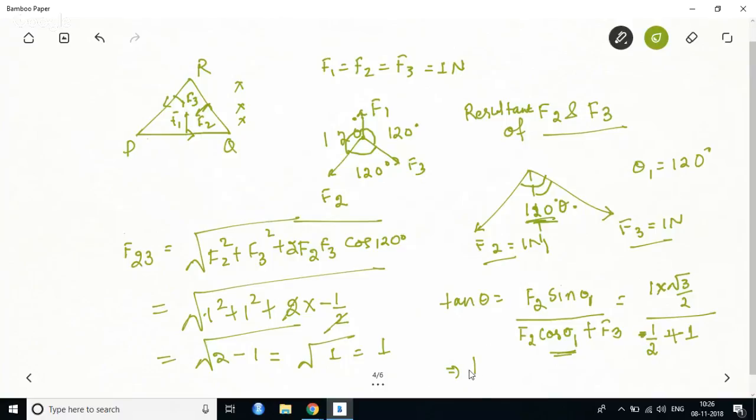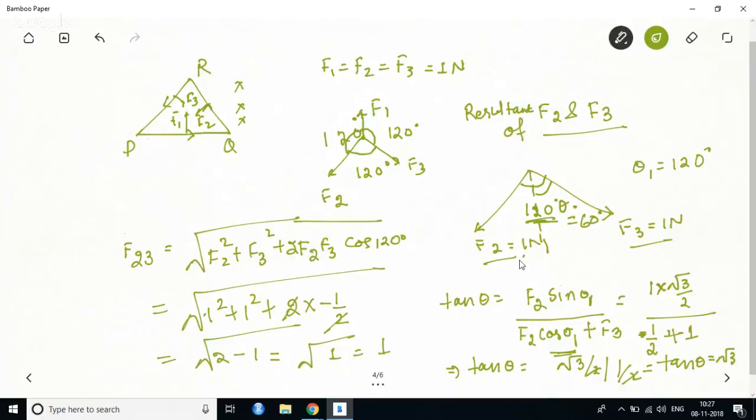So how much is it? Tan theta is coming out to be root 3 by 2 divided by 1 by 2. 1 minus 1 by 2 is 1 by 2. So tan theta is equal to root 3, which means that this particular angle is equal to 60 degrees. This is by formula.